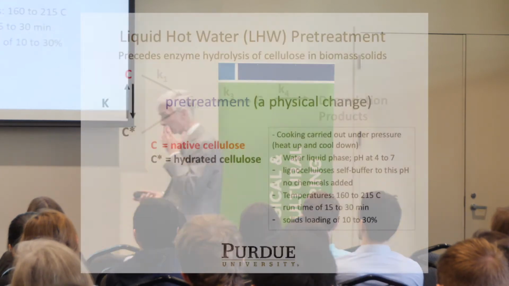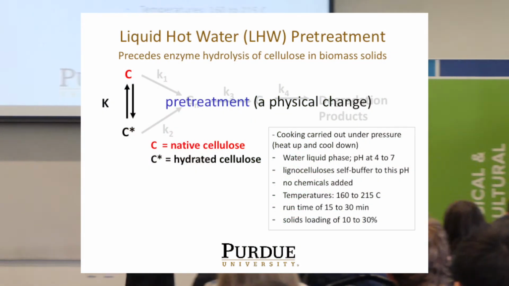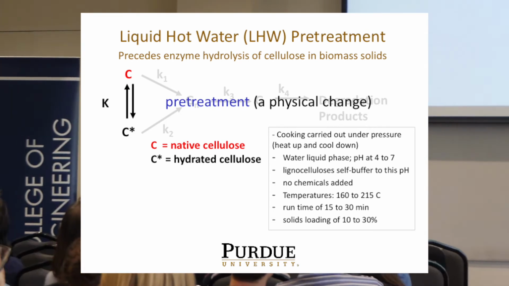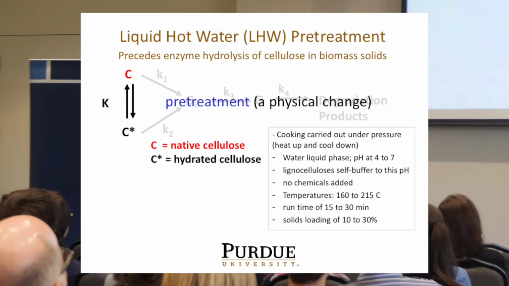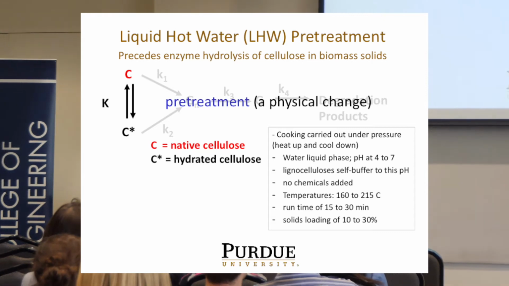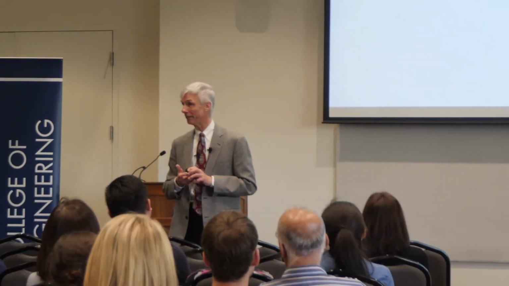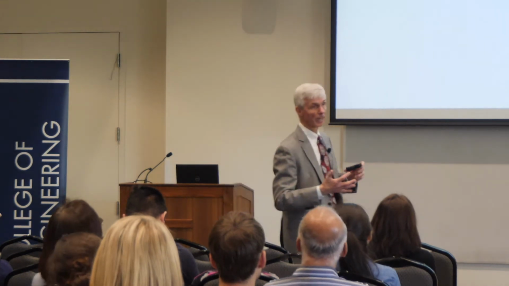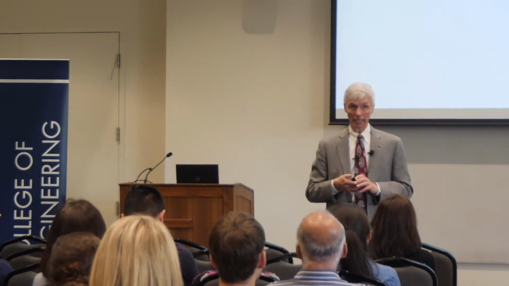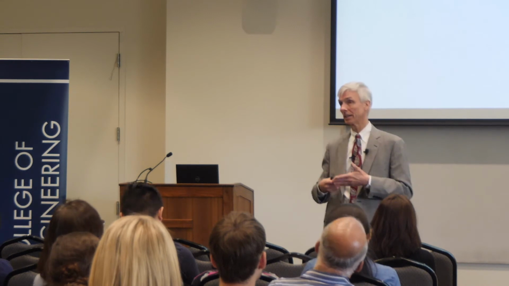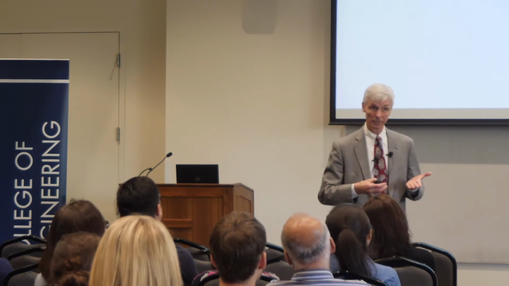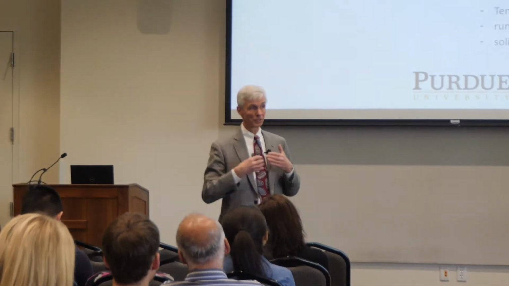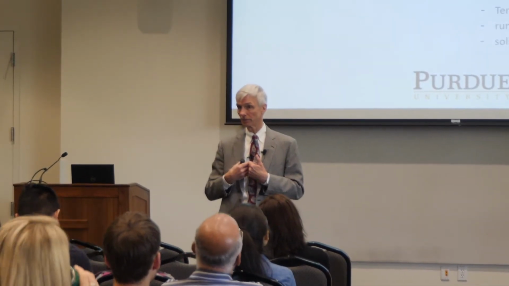So the pretreatment we've worked on is liquid hot water. The very first pretreatment I worked on with Chris, actually, interesting, was in 1977, was an ionic fluid called cadoxen, which is not something we would even consider using, but from the point of view of principle, we mixed the cadoxen with corn stover and then added cellulase enzymes at the time and got very good hydrolysis, which told us that if you could breach the lignin and decrystallize the cellulose, the enzymes could in fact give you very good conversion.